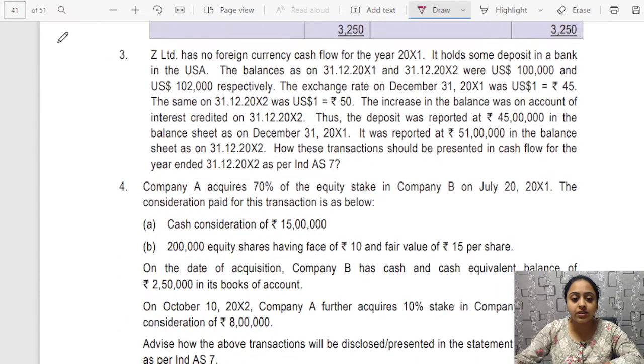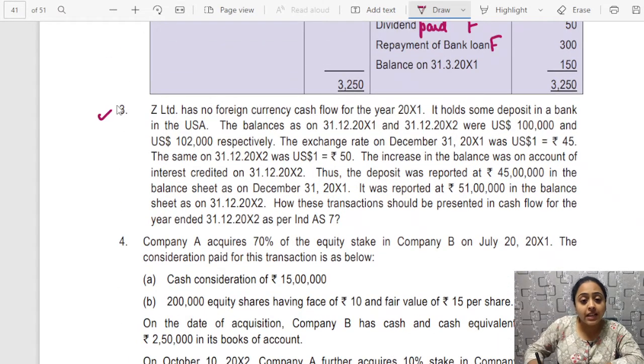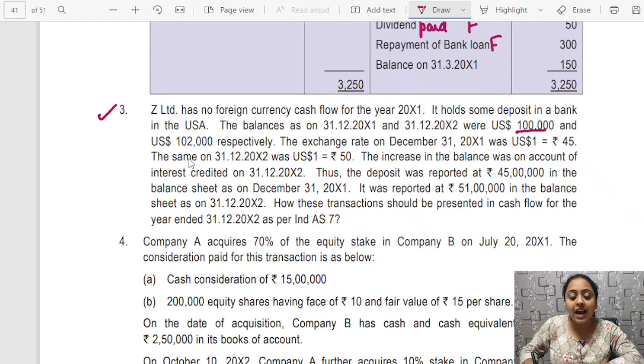Let's head towards the third question. Z Limited has no foreign currency cash flow for the year 2001. It holds some deposits in a bank in the USA. The balance as on 31st 12 2001 and 31st 12 2002 were $1 lakh and $1 lakh 2000. So there has been an increase of $2000.